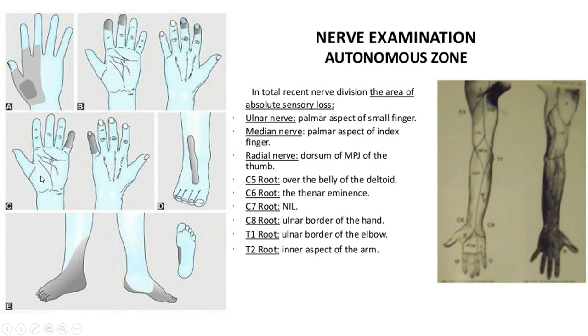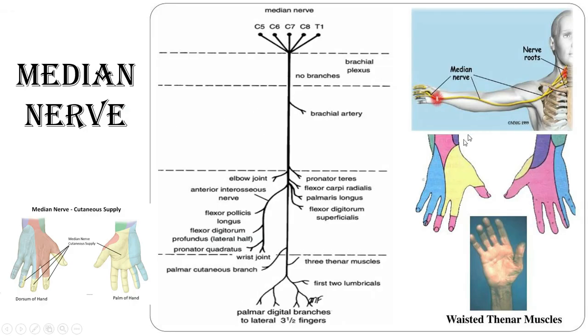So these three are very important, and you have to remember. And why this concept arises, because there are some congenital anomalies like Martin-Gruber anomaly and some anomalies which can change the nerve supply disposition, but these three cannot be changed.